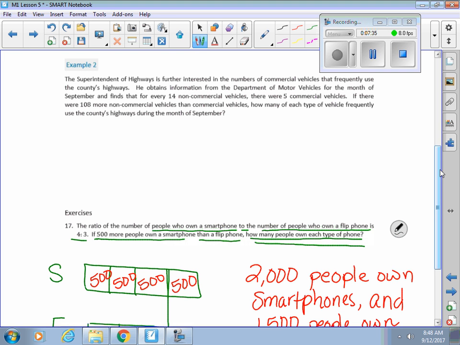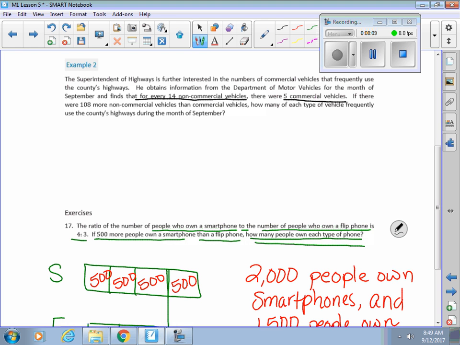It says, the superintendent of highways is further interested in the numbers of commercial vehicles that frequently use the county's highways. He obtains information from the Department of Motor Vehicles for the month of September and finds that for every 14 non-commercial vehicles, so a non-commercial vehicle is a regular car, truck, and then there are 5 commercial vehicles, so a business vehicle going somewhere to do business, all right?